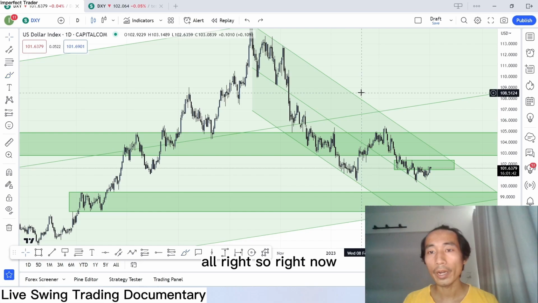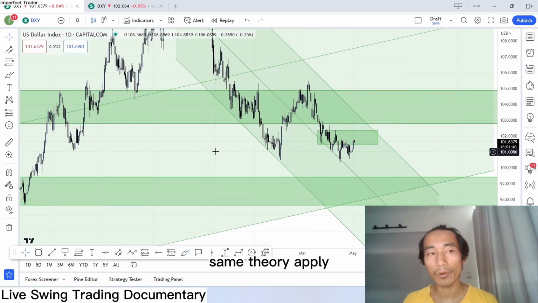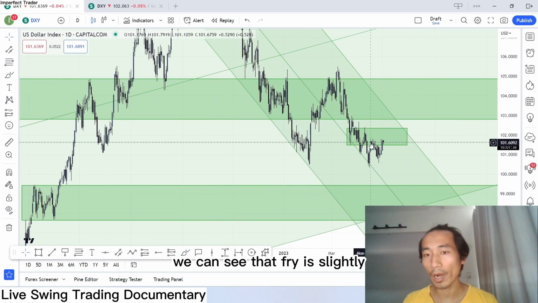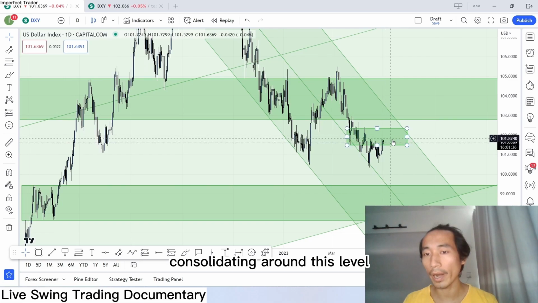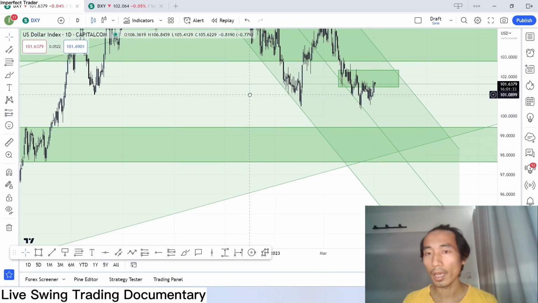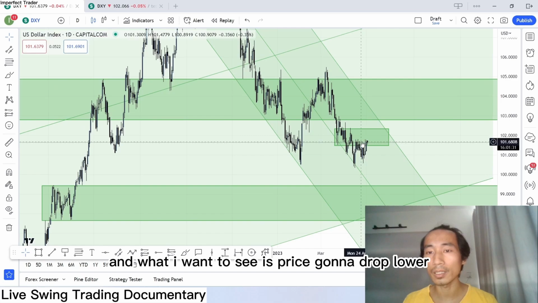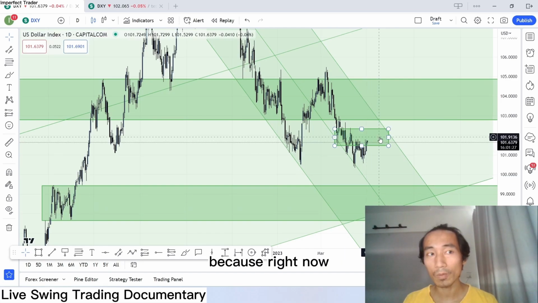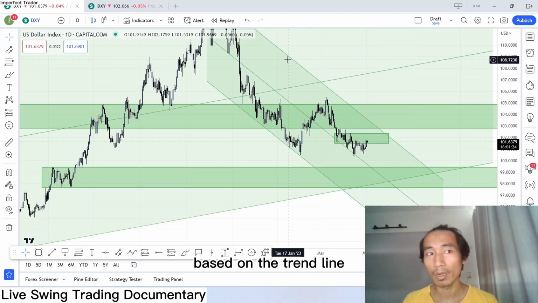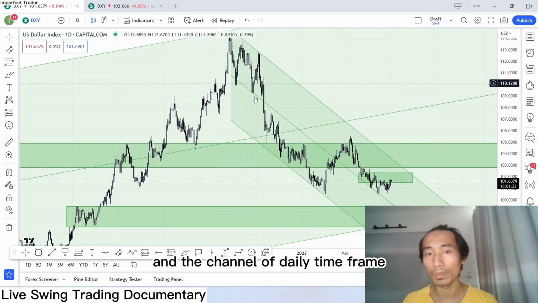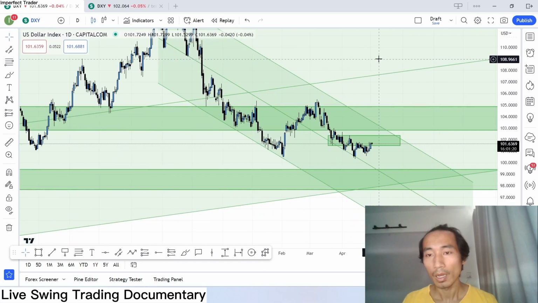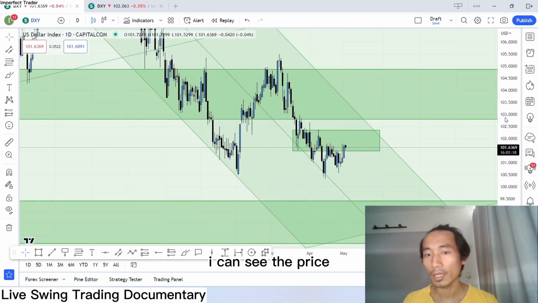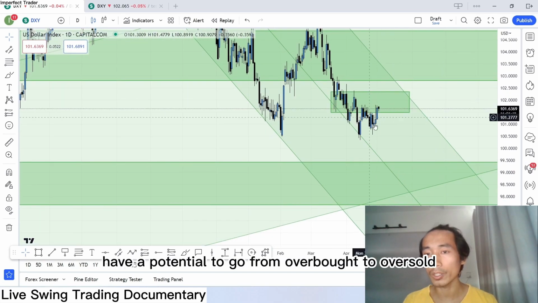Alright, so right now, same pattern applies. We can see that price is consolidating around this level. And what I want to see is price drop lower, because right now, based on the trend line and the channel on the daily time frame, I can see that price has a potential to go from overbought to oversold.